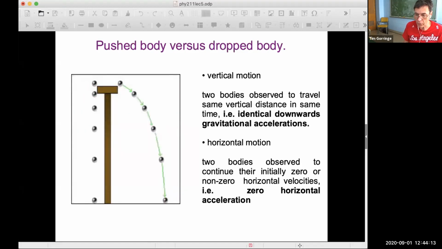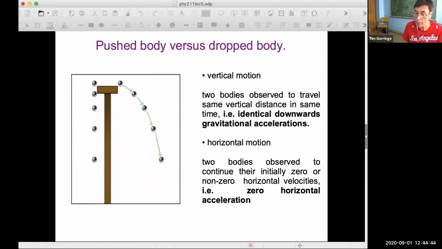For the falling body, its initial horizontal velocity was 0, and so it continues to fall with 0 horizontal velocity. It doesn't move left or right at all. The projectile had a non-zero initial velocity, and so as it falls, it continues to move with that non-zero horizontal velocity. It doesn't get any faster or slower horizontally. It maintains that horizontal velocity.